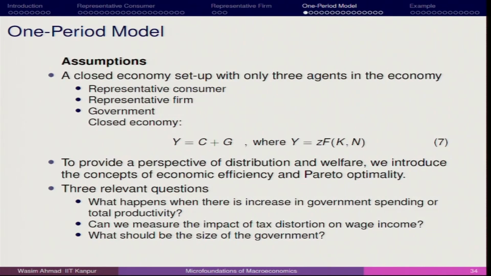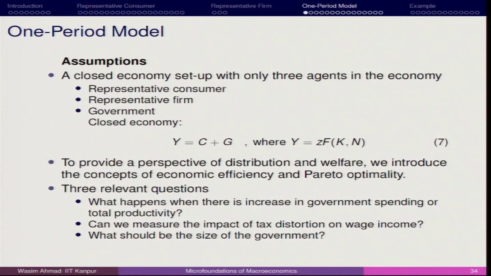Once I have the role of the government, which we have not defined yet, the role of the government would be to make sure that, since the representative firm is hiring the representative consumer, whatever equilibrium we achieve with the help of both the representative consumer and the firm, the competitive equilibrium we have achieved, is appropriate or not.